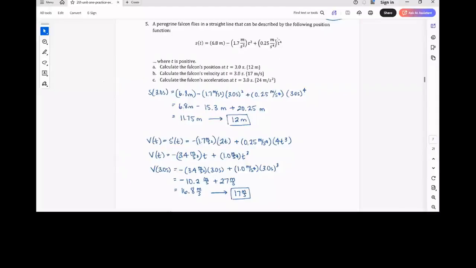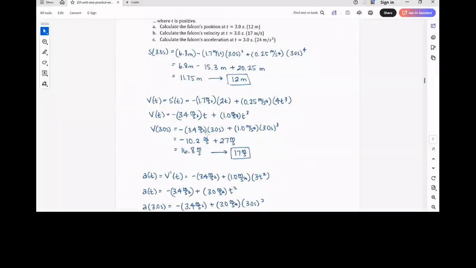The t to the fourth in the last term means that I'm multiplying 4 times t cubed. And my velocity function is shown here on the second line, minus 3.4 meters per second squared times t, plus 1.0 meters per second to the fourth, times t cubed.